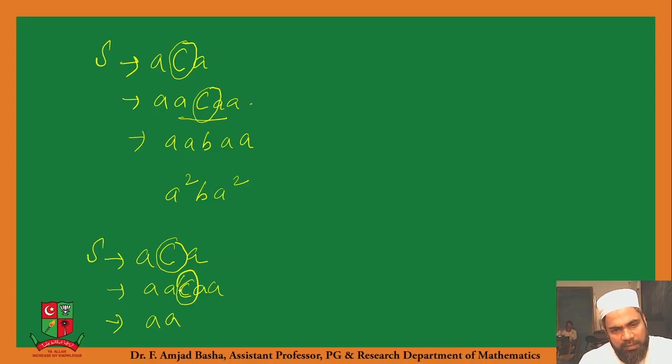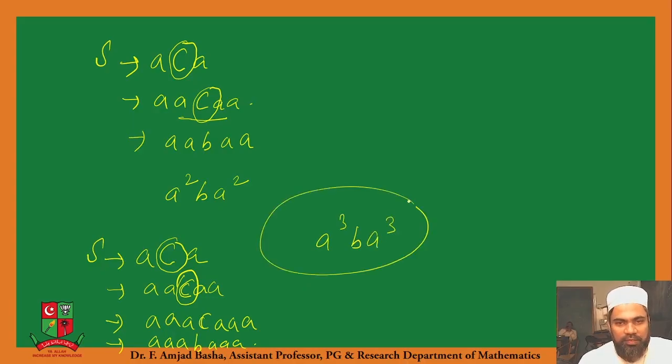So again I'll replace this C as aCa. If you want to end up with a cube b a cube, now C will be replaced by b. Therefore a b a you will be getting, that is a cube b a cube. This is the word which will be generated now.